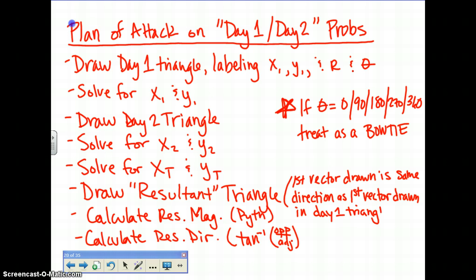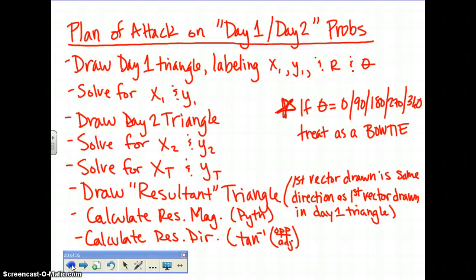So like, okay, I solved for my x total, I solved for my y total. Which one do you want me to write first? Should I go north first? Should I go east first? Well, look at day 1's triangle. In order to make that resultant line, which vector did you have to draw first? Did you have to go east first? If so, then you would do your x total first. Did you have to move north first? Well, if so, then do your y total first. So here's a summing up of what you're about to do for this problem.